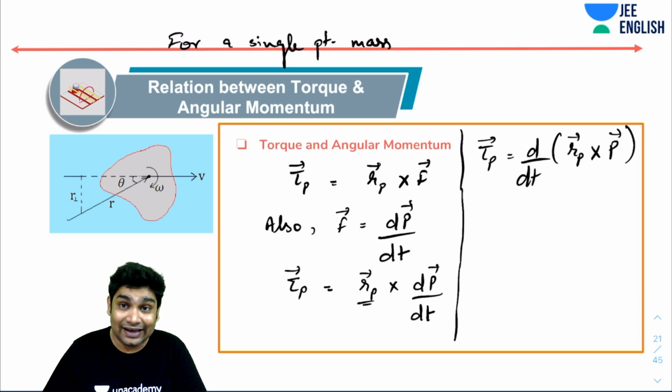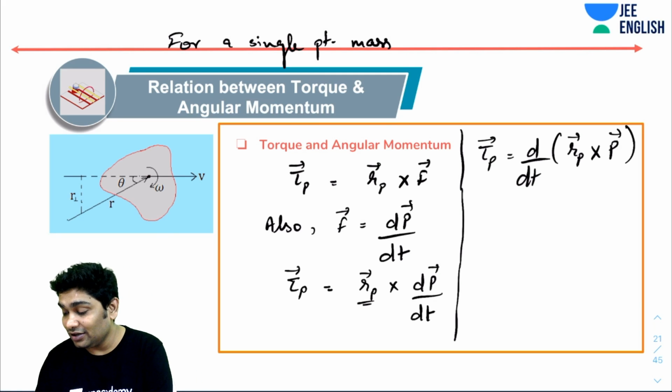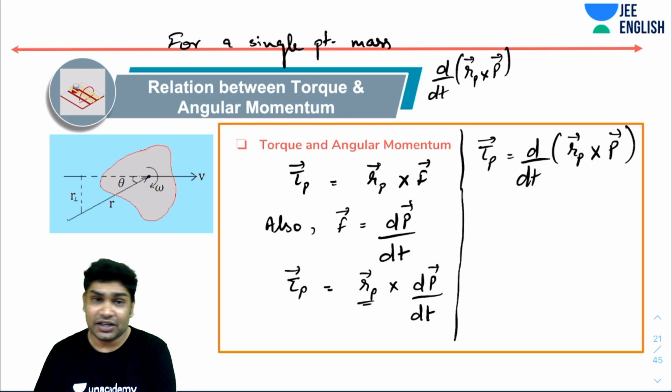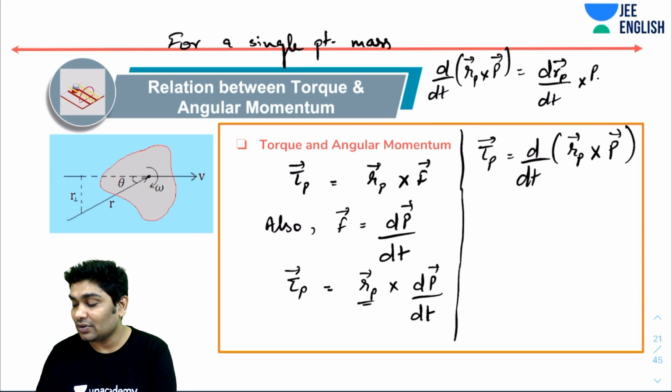Now how do I do that? Let me show you a neat trick. If I wanted to calculate only this part, focus on d by dt of r about P cross p. I can apply the chain rule and write this as dr by dt cross p, plus r about P cross dp by dt.